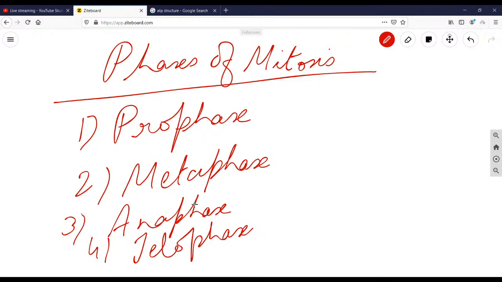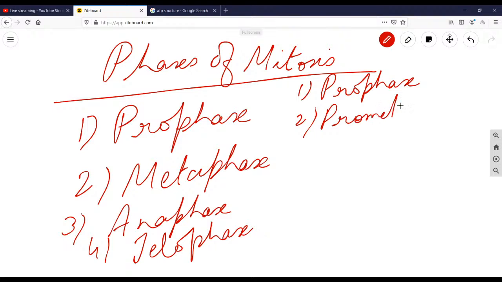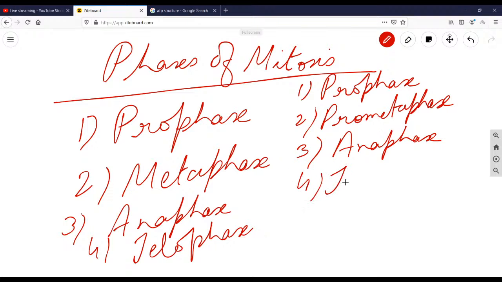But if you want to learn it diligently, via in depth analysis, we can divide it into multiple phases. We can categorize it into prophase, then prometaphase, then metaphase, then anaphase, then telophase.